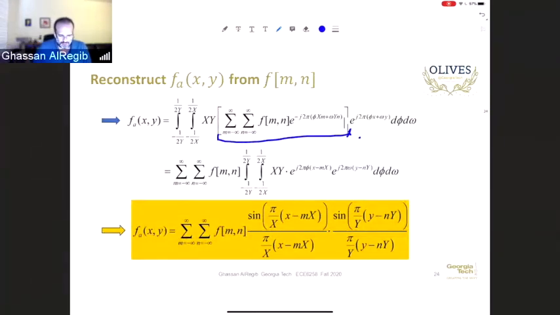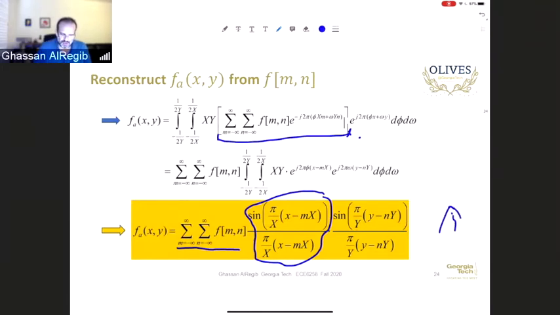What I will end up with is the following: a double summation over m and n, of f of m and n, times the sinc functions. If you remember, in the one-dimensional case, we could ideally reconstruct our signal using a sinc function. We go to every single sample, place a sinc function, and keep shifting.